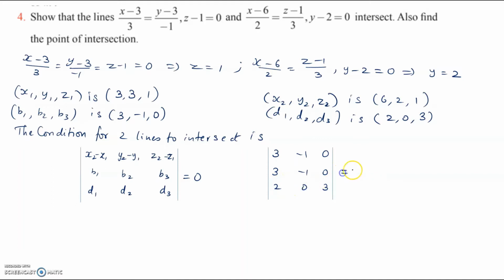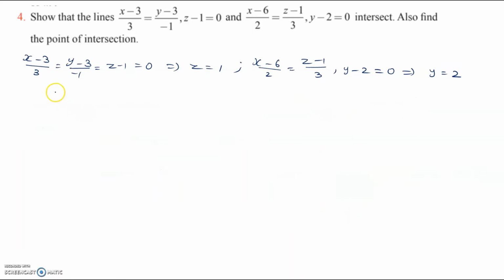Now this is obviously equal to 0 because our R1 and R2 are equal. Therefore, the two lines are intersecting lines.